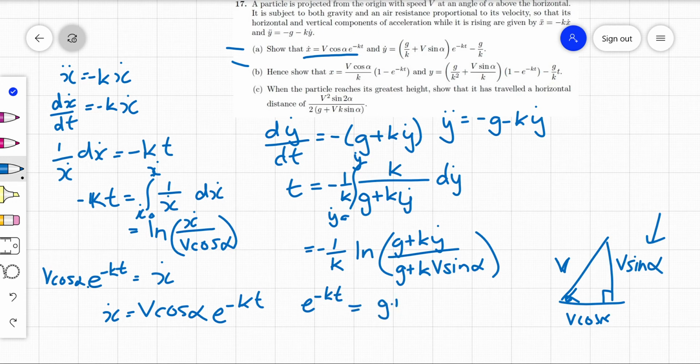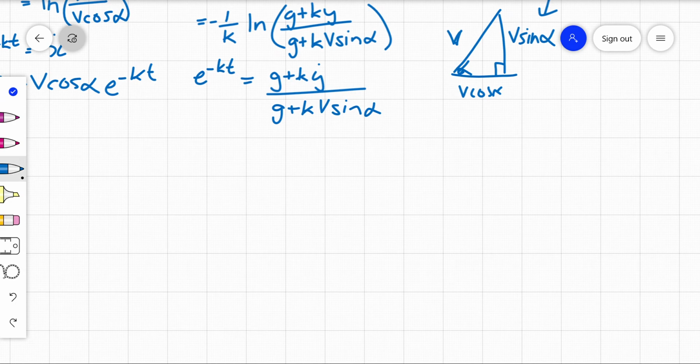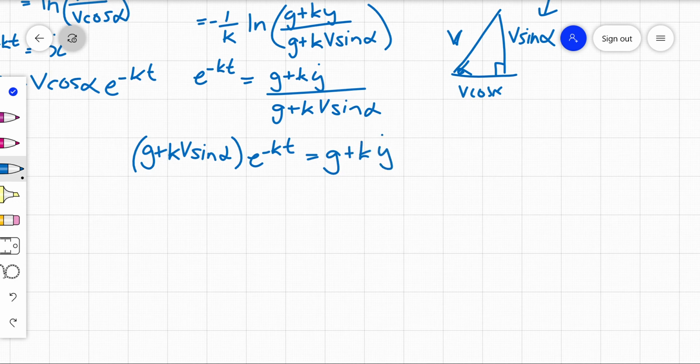Then I've got g plus k y dot over g plus k v sine alpha equals e to the minus kt. If I multiply, I've got g plus k v sine alpha times e to the minus kt, which gives me g plus k y dot. So I want to minus g from that, and then divide by k to get y dot.